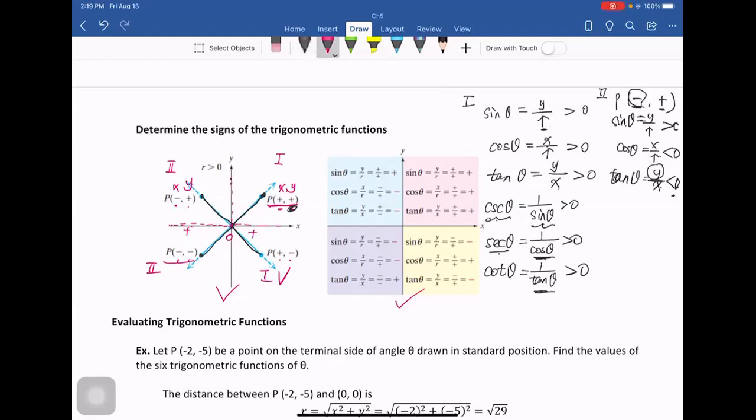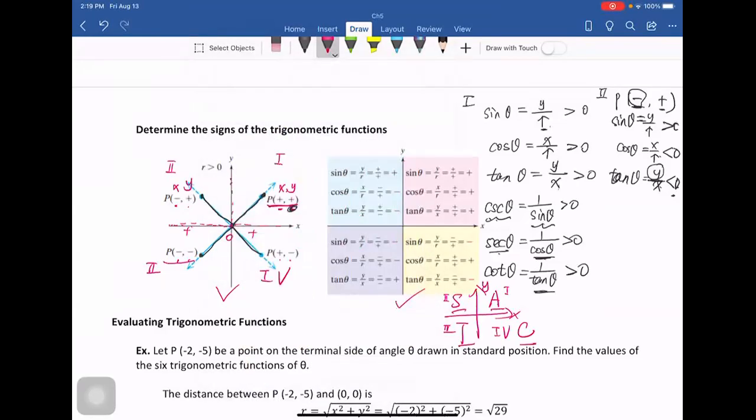Here is a trick to help you memorize, when theta is located in a quadrant, what's the sign for each trig function. Here is the xy plane, the 4 quadrants here. 1, 2, 3, 4. So all students take calculus, ASTC.